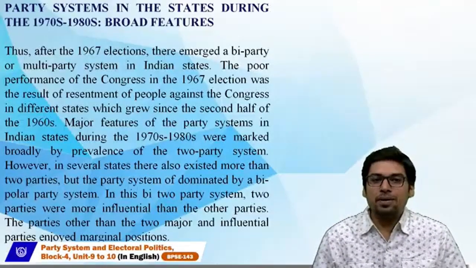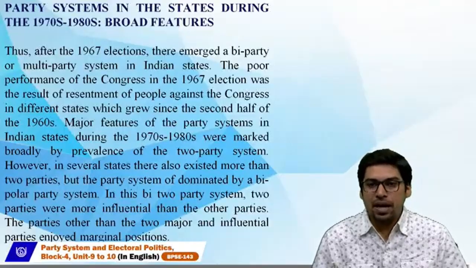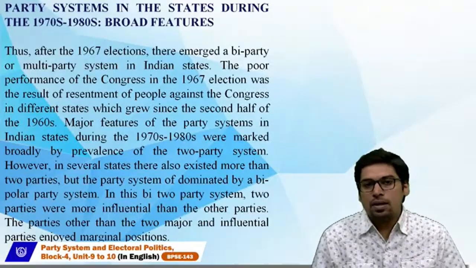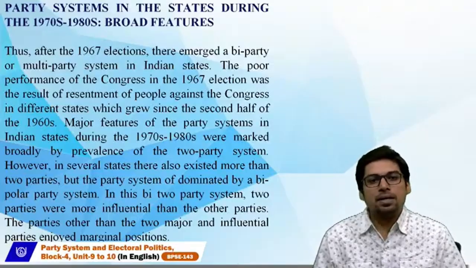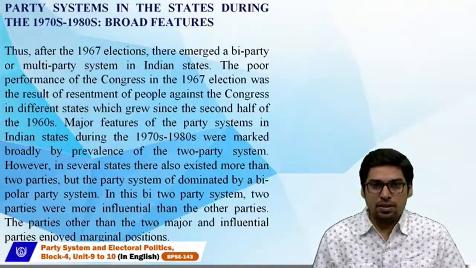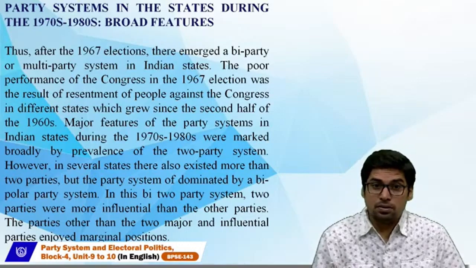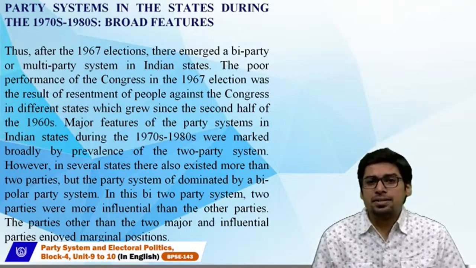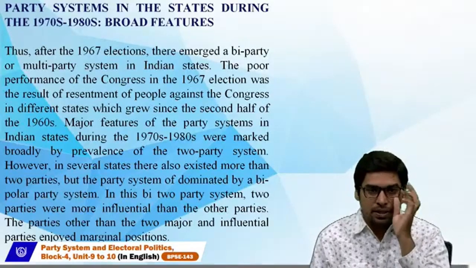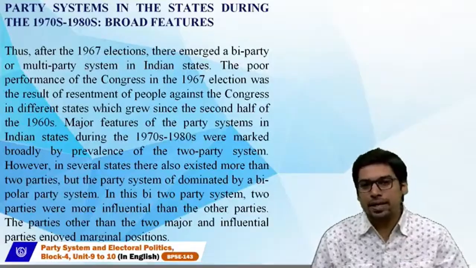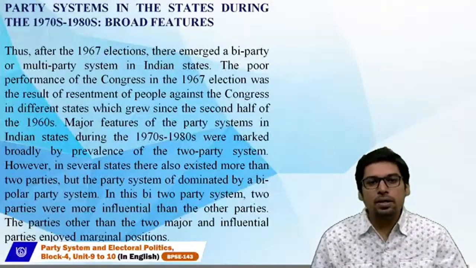The poor performance of the Congress in the 1967 election was the result of the resentment of people against the Congress in different states, resentment which grew since the second half of the 1960s. Major features of the party system in Indian states during the 1970s to 1980s were marked broadly by the prevalence of the two-party system.